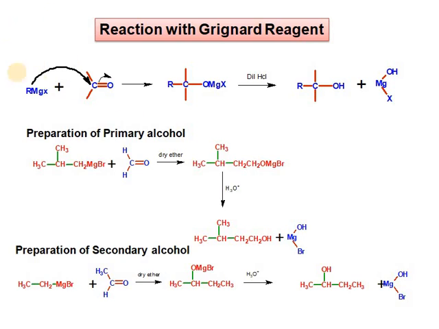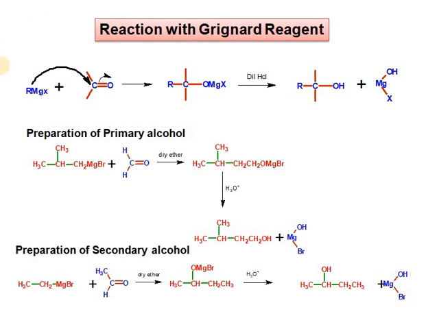So, RMgX, where R is an alkyl group, carries the negative charge and magnesium carries the positive charge, and therefore Grignard reagents undergo nucleophilic addition reactions. Then after hydrolysis with dilute acid it produces alcohol.